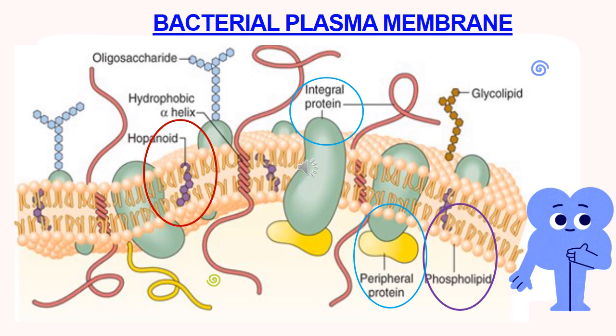Take note that the phospholipids of your bacterial cell membrane do not contain sterols, but instead they consist of saturated and monounsaturated fatty acids.